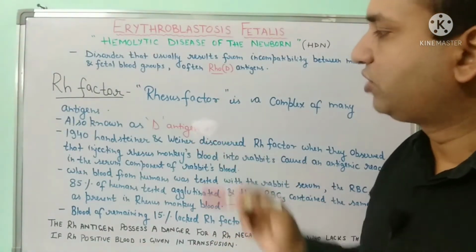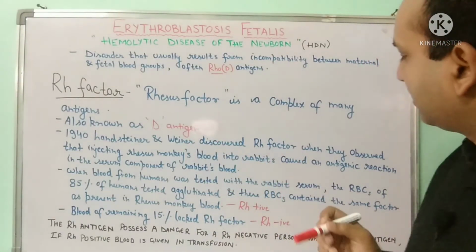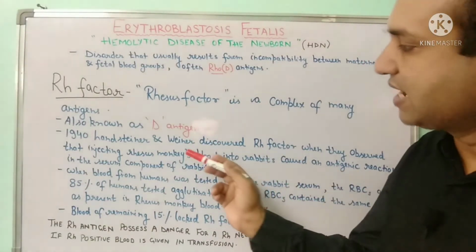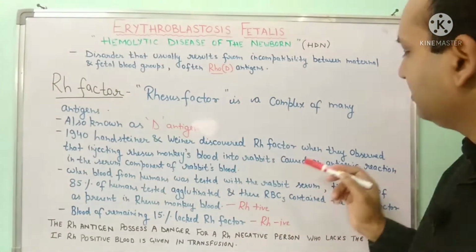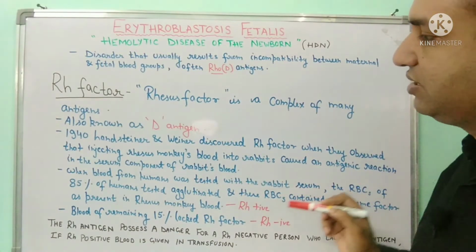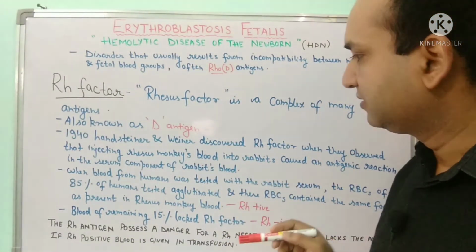In 1940, Landsteiner and Wiener discovered the Rh factor when they observed that injecting rhesus monkey's blood into a rabbit caused an antigenic reaction in the serum component of the rabbit's blood.